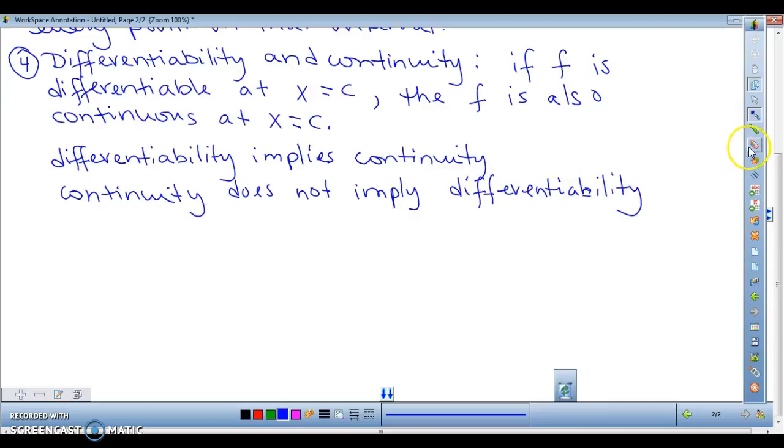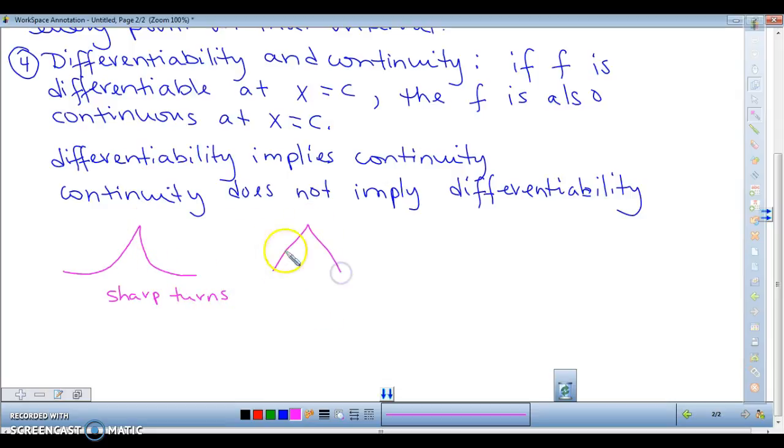Alright, that's because, and you can see some examples in your book, sometimes you may have a curve like this where you've got this sharp turn like that. Then at sharp turns, this is not differentiable. So something like an absolute value, pretend those lines are straight. These points right here are not differentiable.